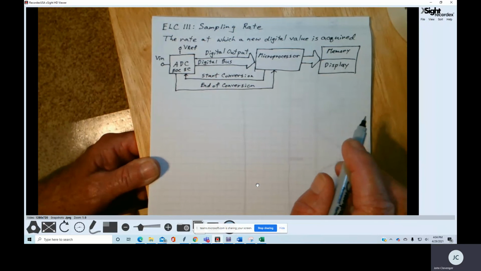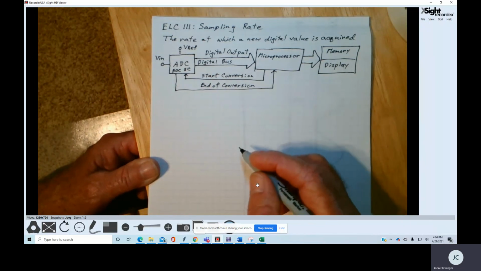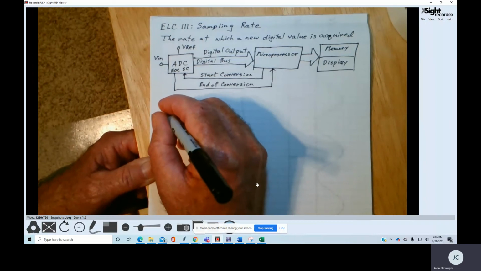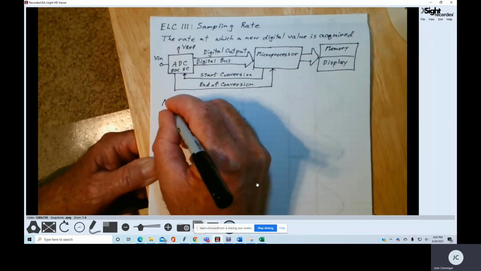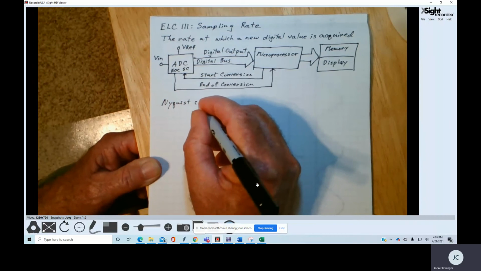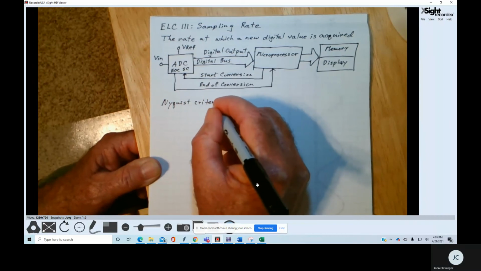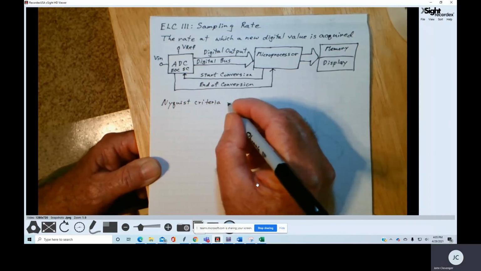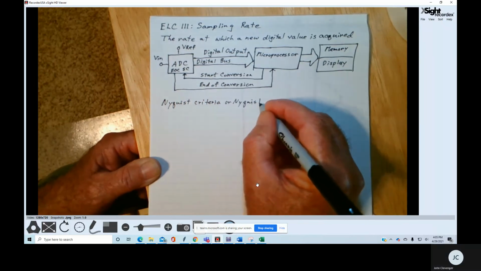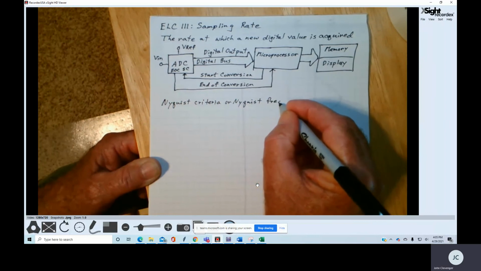Now, one of the terms that you need to be familiar with regard to the sampling rate is what's called the Nyquist criteria. And we can also talk about this as the Nyquist frequency.